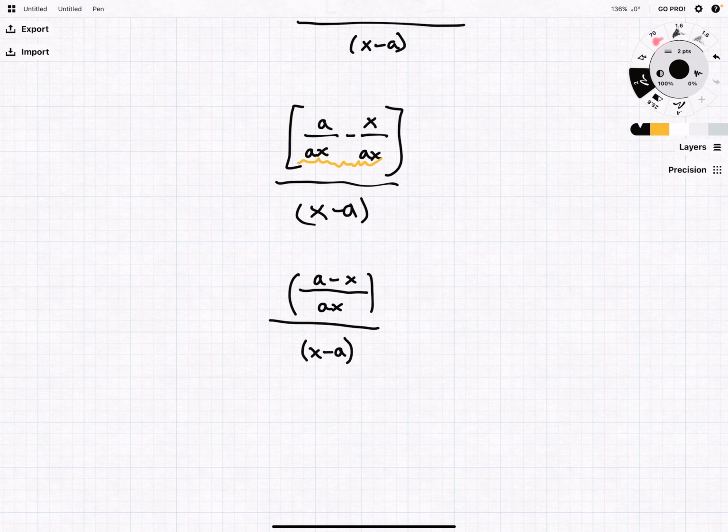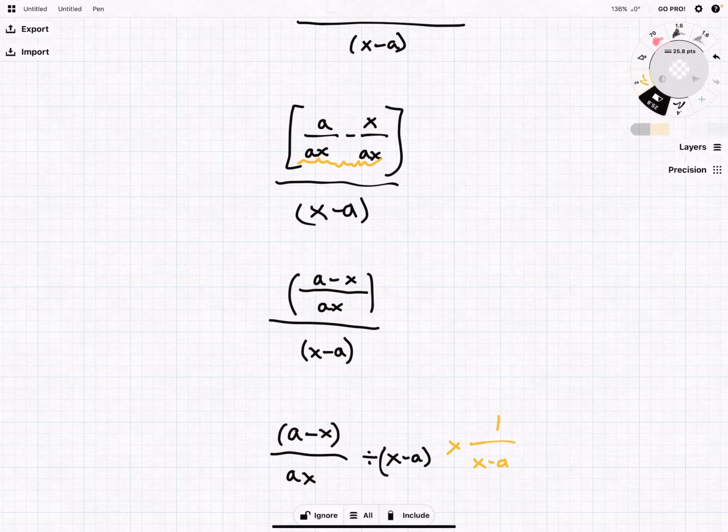So we have our a minus x over ax, and if we are dividing by x minus a, then really we are multiplying by 1 over x minus a.